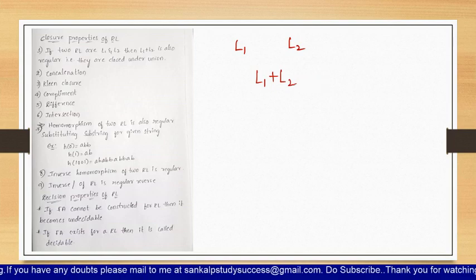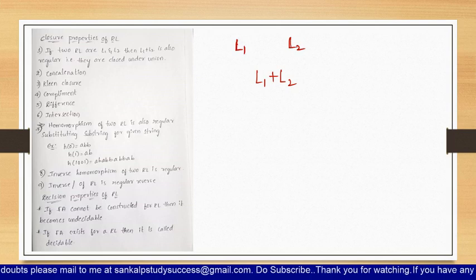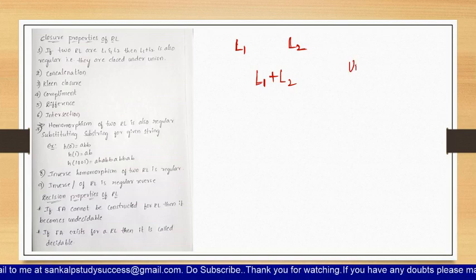You can say that L1 plus L2 is also a regular language. So if L1 and L2 are regular languages, then L1 plus L2 also is a regular language, and you can say that they are closed under union. It is one of the properties.